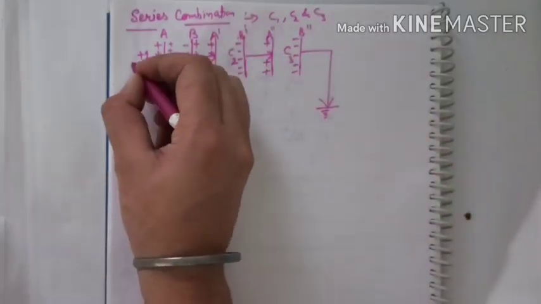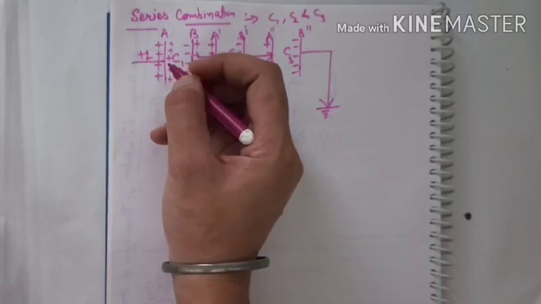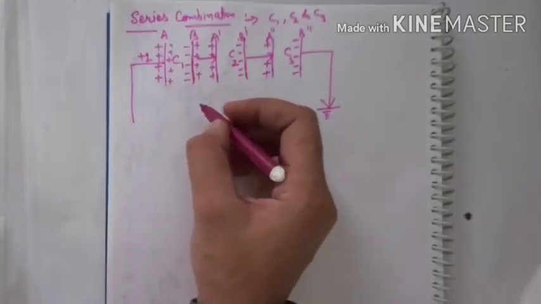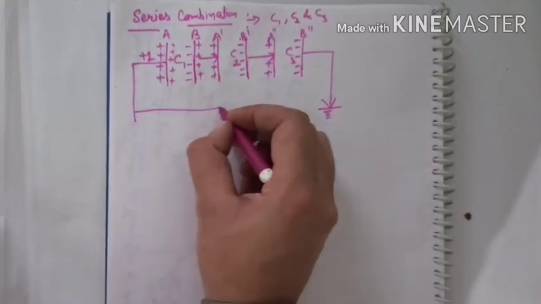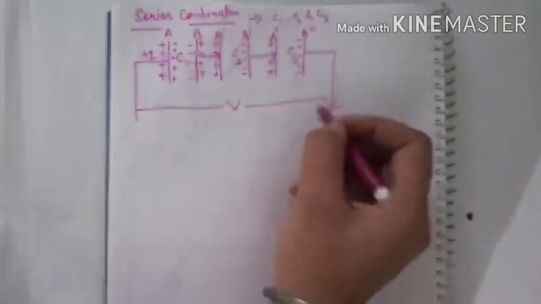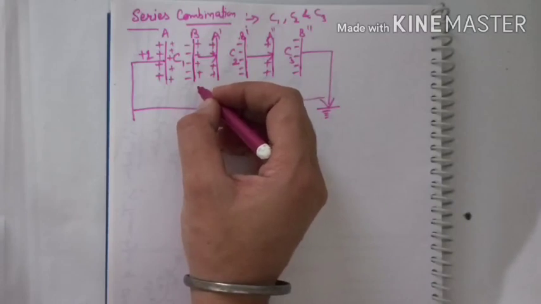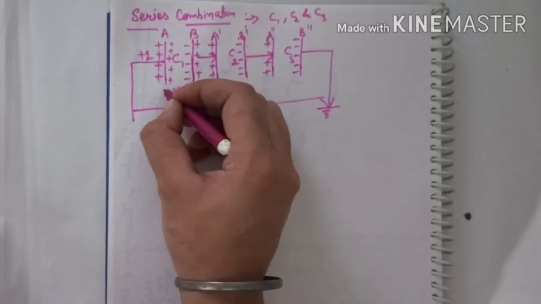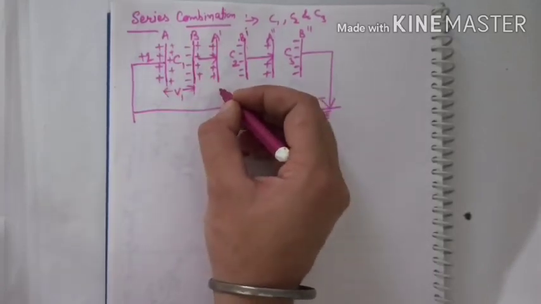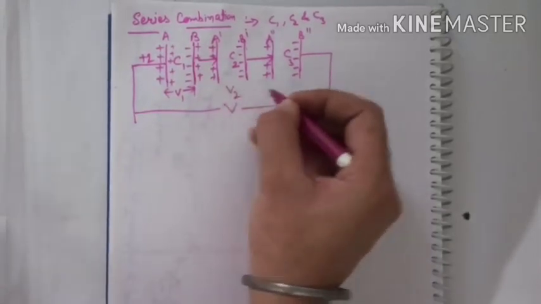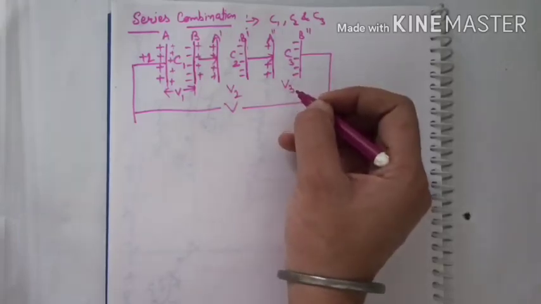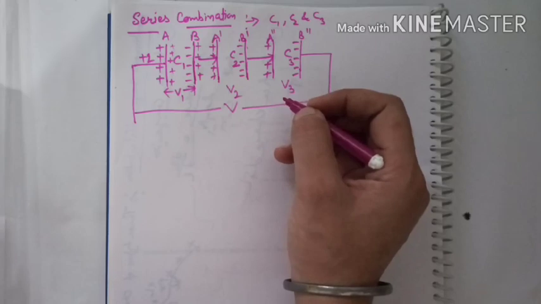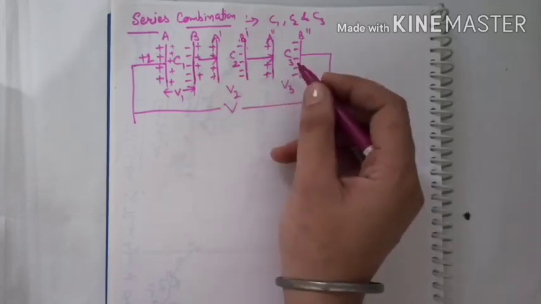When we supply positive Q charge to capacitor C1, the total potential is V. The potential difference across capacitor C1 is V1. For the second capacitor, A dash B dash, it is V2, and this is V3. When these three capacitors are connected in series, the potential differences are V1, V2 and V3.